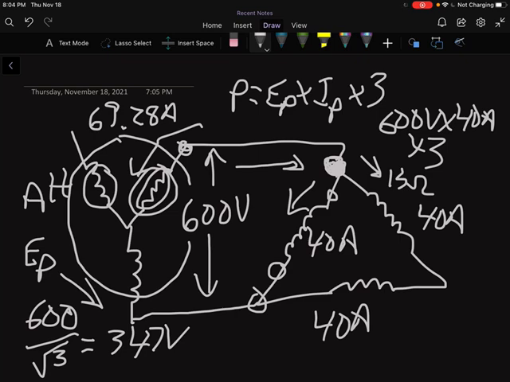If we plug that into our calculator, 600 times 40 times 3, we get a value of 72 kilowatts. So I'll just write this at the bottom. 72 kilowatts is our total power of the entire circuit.